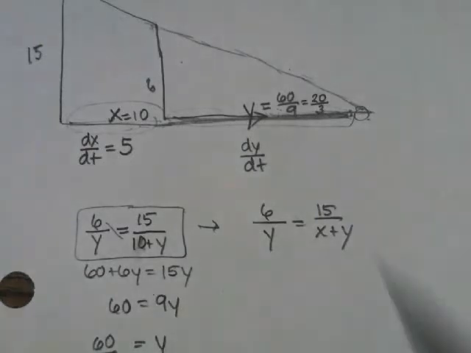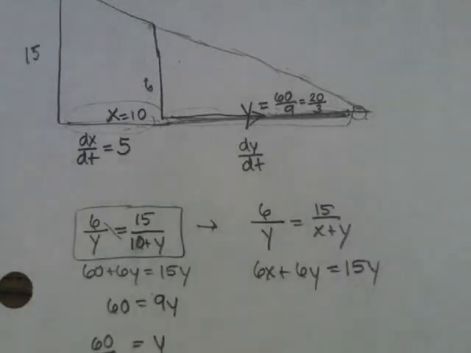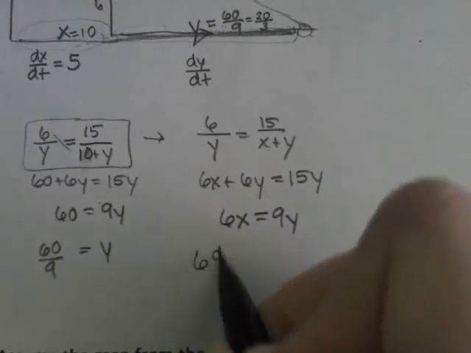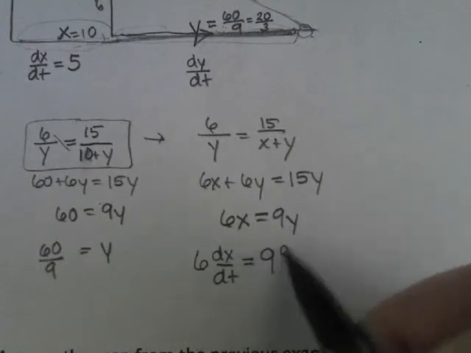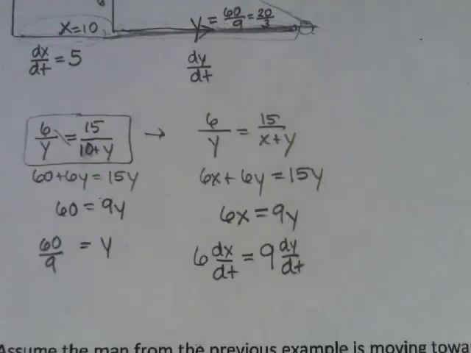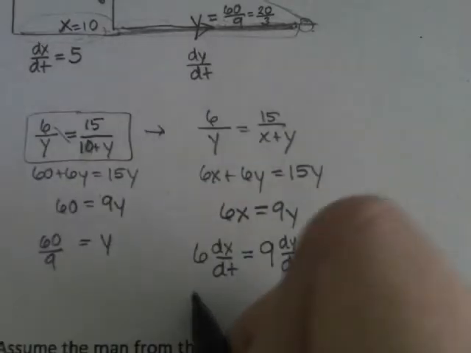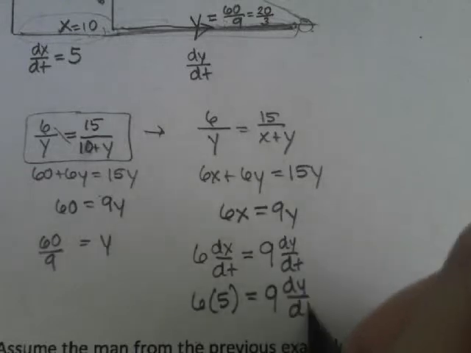So I'm going to cross multiply, 6x plus 6y equals 15y. And I'm going to get 6x equals 9y. And that's what I'm going to differentiate. So my left side is 6 dx/dt, and my right side is 9 dy/dt. So we know that dx/dt is changing at a rate of 5, so we'll just plug that in, and we'll find dy/dt.